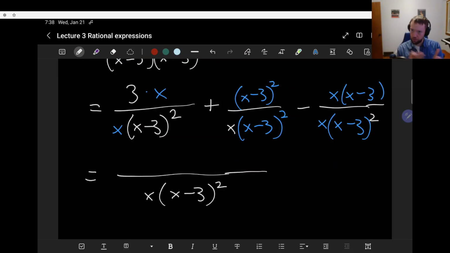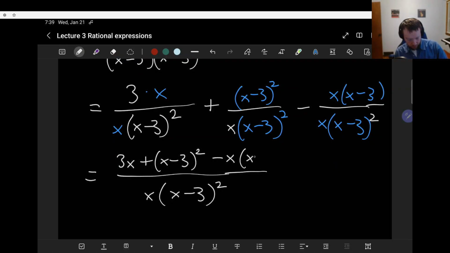And I can mush those numerators all together. So 3x plus x minus 3 squared minus x times the quantity x minus 3. And now we seek to simplify the numerator.